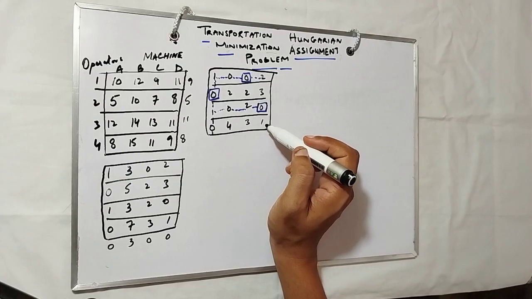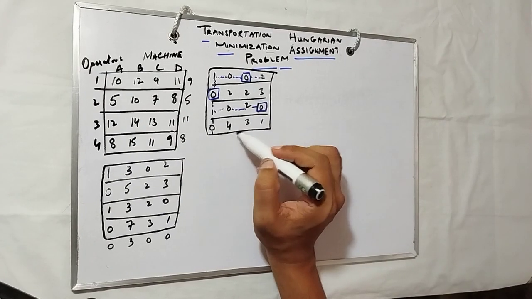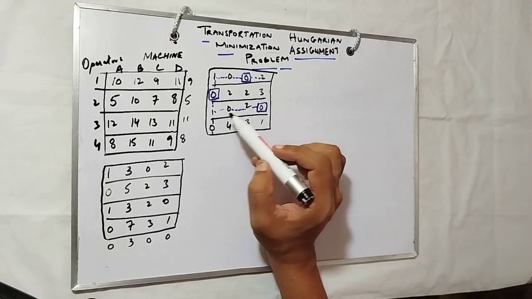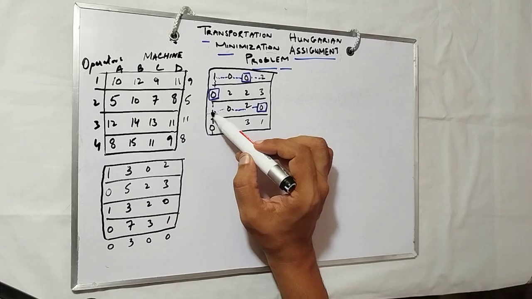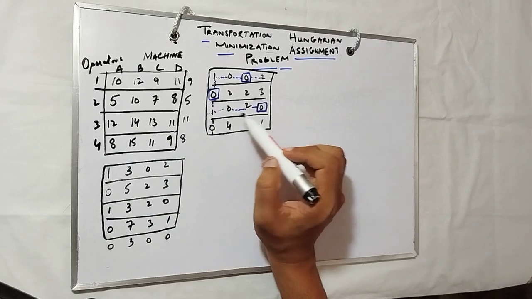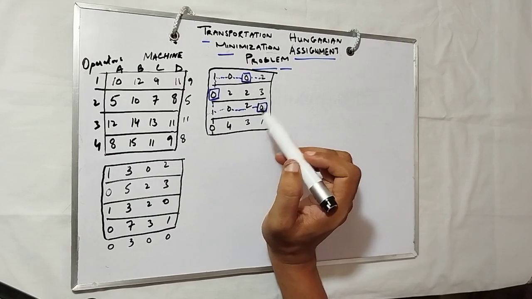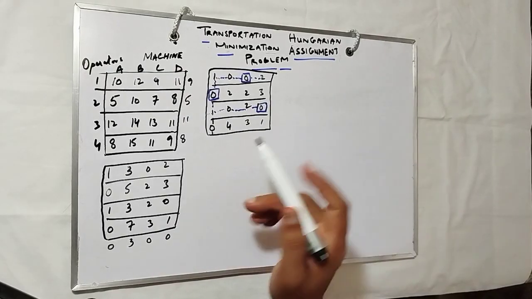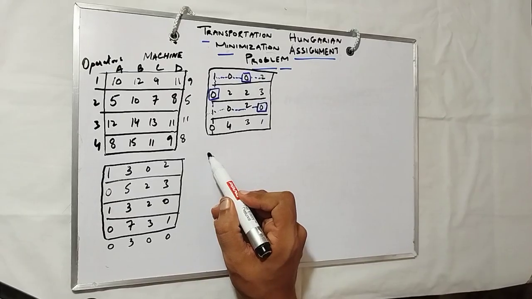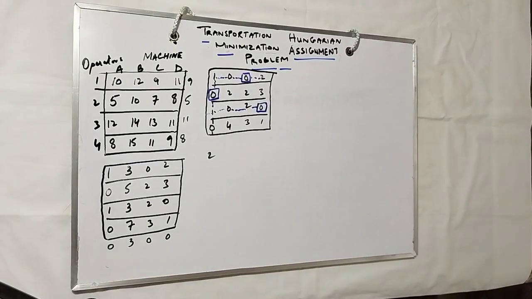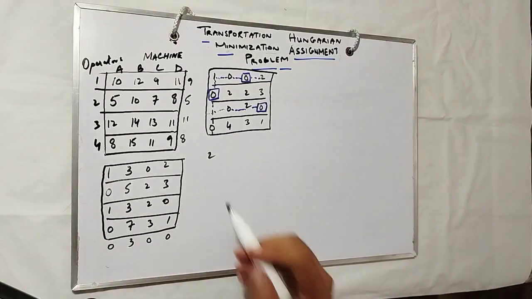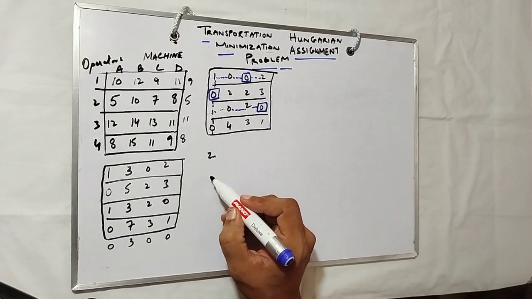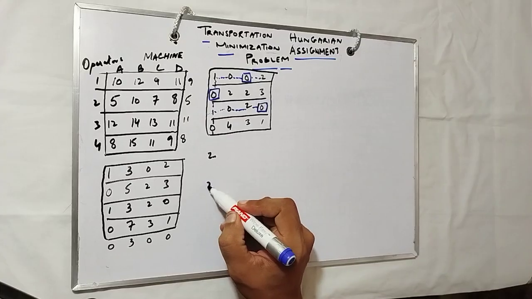So 1 is the least, so 1 has to be subtracted from all the uncut values, and it has to be added to the values which are at the intersection. So it will be increased by 1. So the increased value would be, I'm writing with the blue pen, 2.